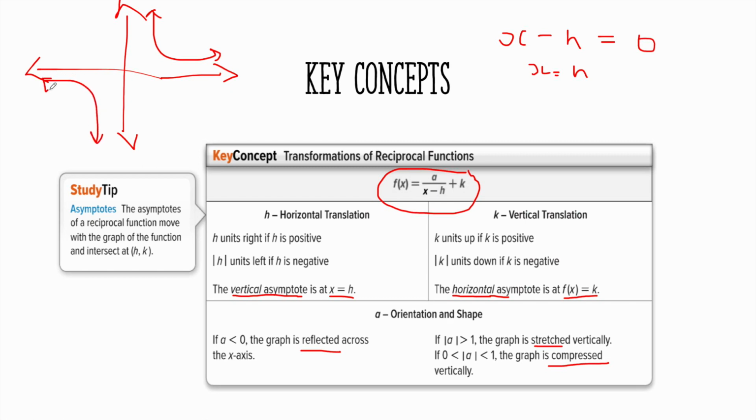This is the original, or the parent function, before it moves. So if it reflects, it will be on the other side, the reflection. It will exist on this side. Right, cool, you will see it as we go.